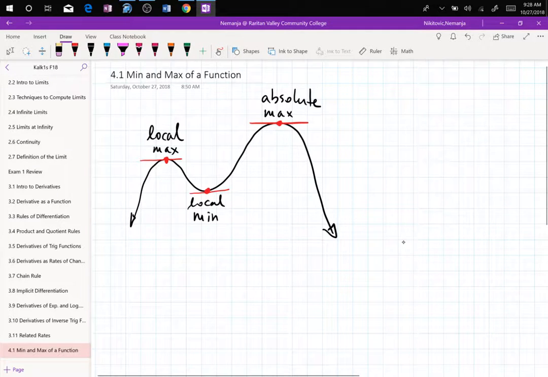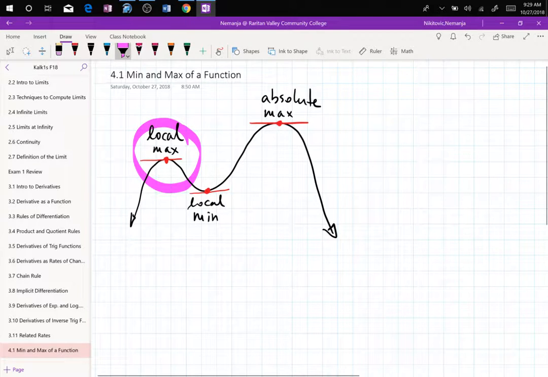So if you are observing this diagram carefully, you would see that you have a local maximum, and it's local because all of this stuff here is taller in the y value than your maximum on this side, which makes it a local maximum. It's the boss in its own backyard.